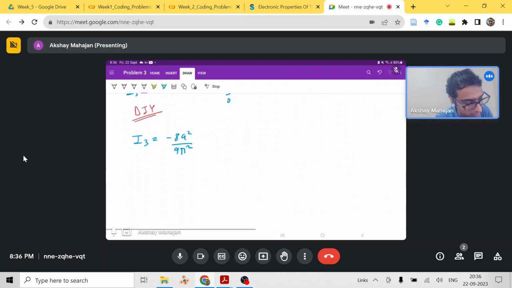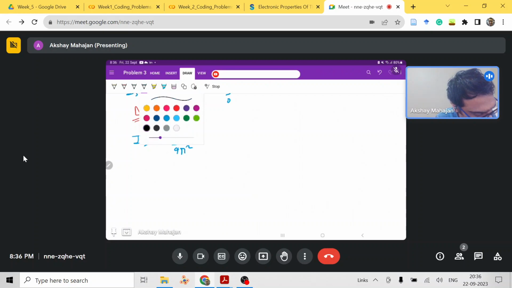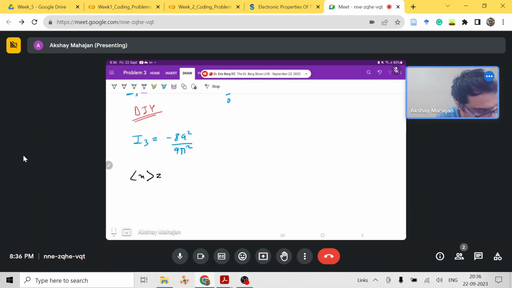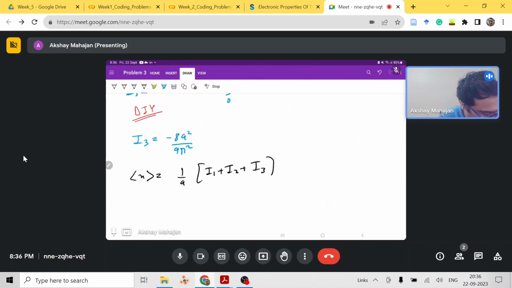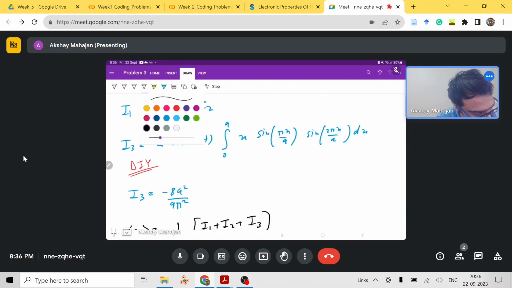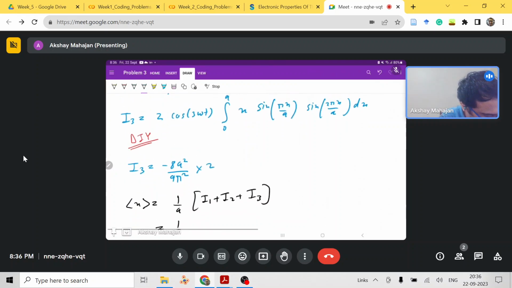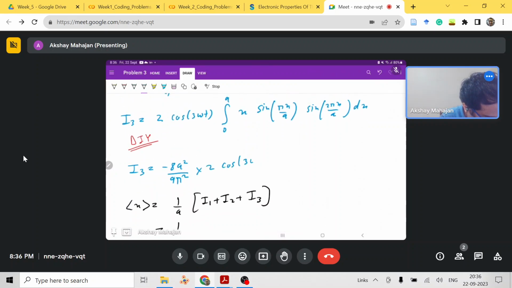So now we have all of these values. So our expectation value of x will just be equal to 1 by a times I1 plus I2 plus I3. This was our value. So it will be 1 by a, and also the cosine function, sorry, this will be equal to 2 times cos of 3 omega t.